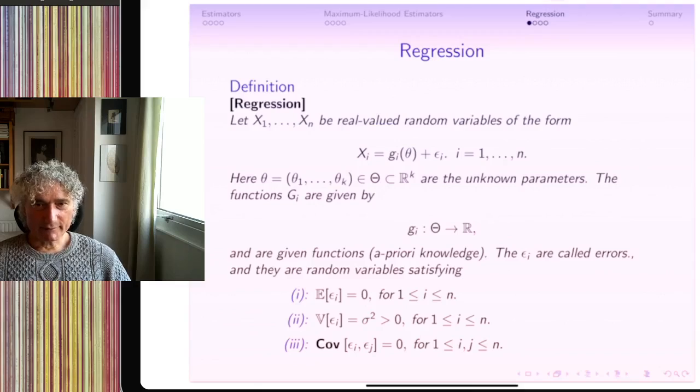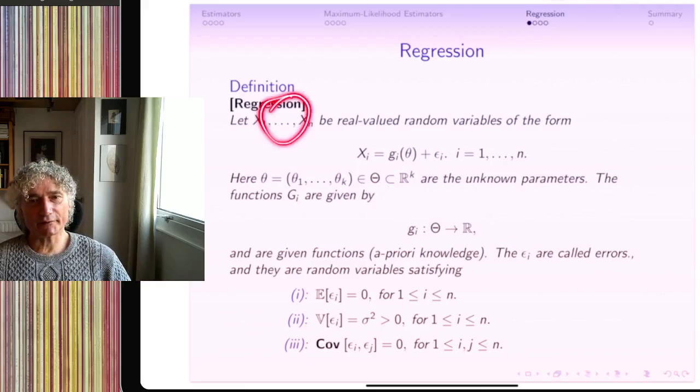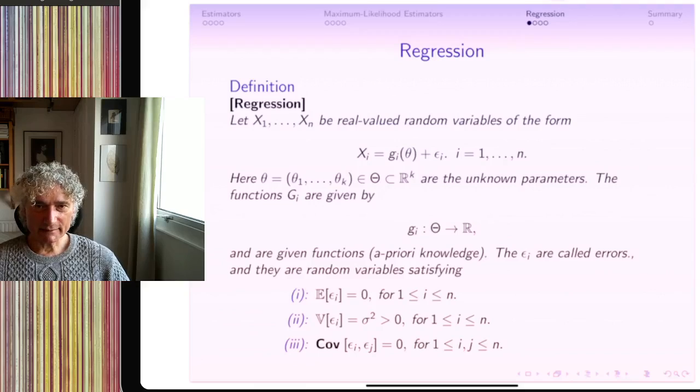So the setting is again that you have n different random variables. They are real valued, so each observation space is given by R. And now we assume this form of the random variable.